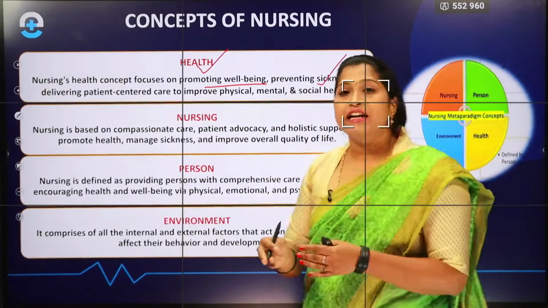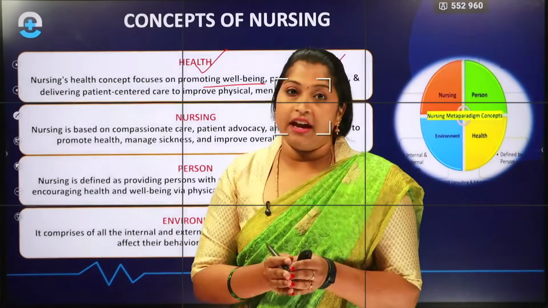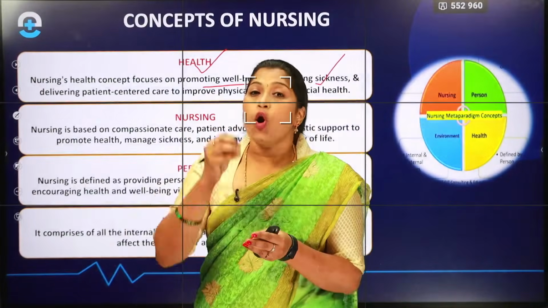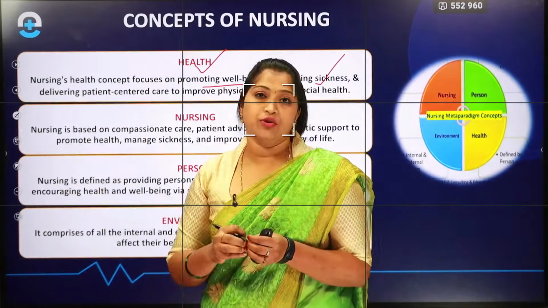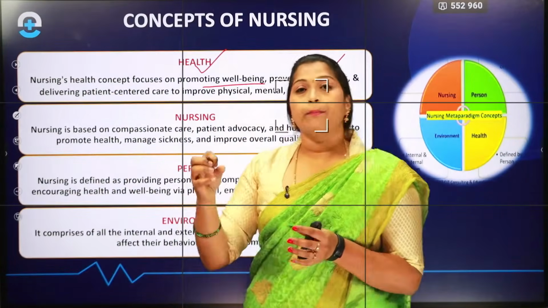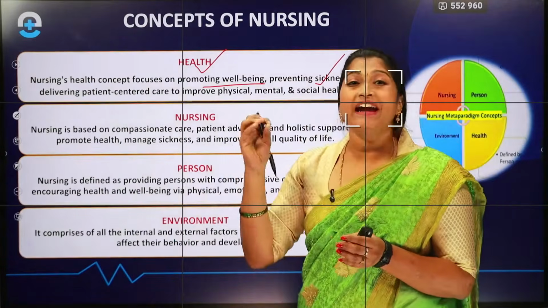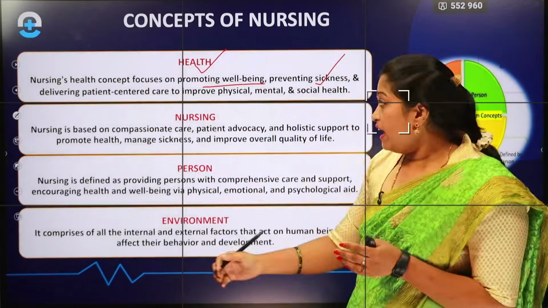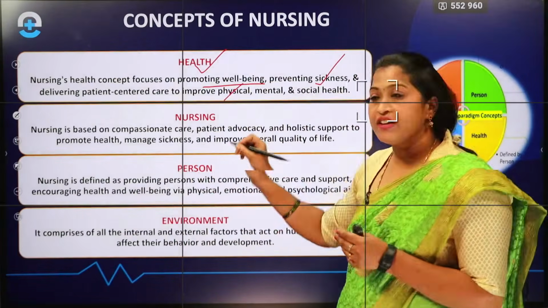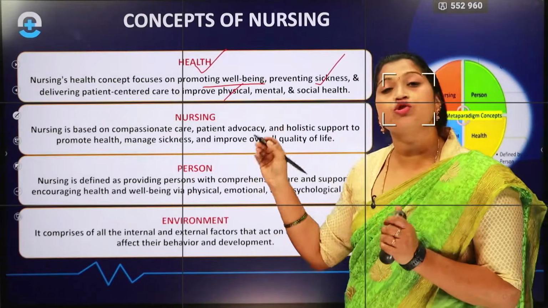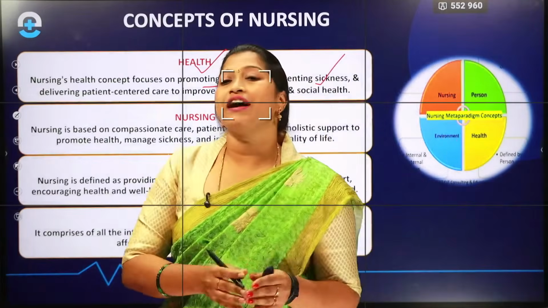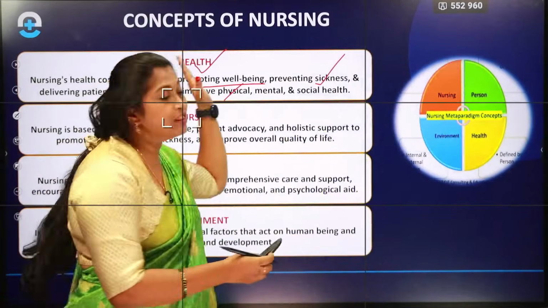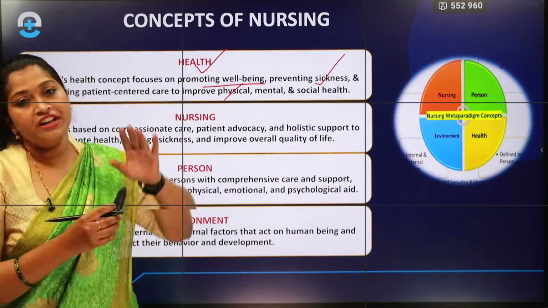We are also delivering patient-centered care, making sure comprehensive care is given to the patient, keeping the patient as our main aspect, and also improving the physical, mental and social well-being of the patient. So this clarifies the health concept of our nursing.